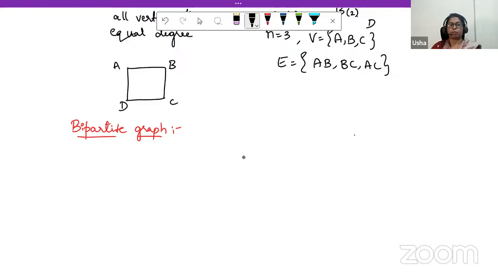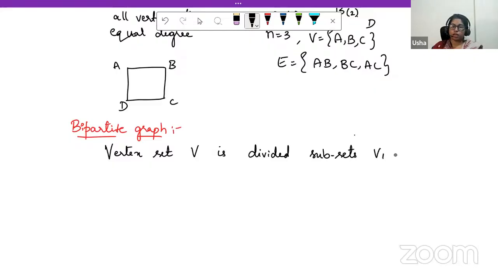I'll just give you an example. So bipartite: partite means partitions, bi is 2. If a vertex set V is divided into two subvertex sets.